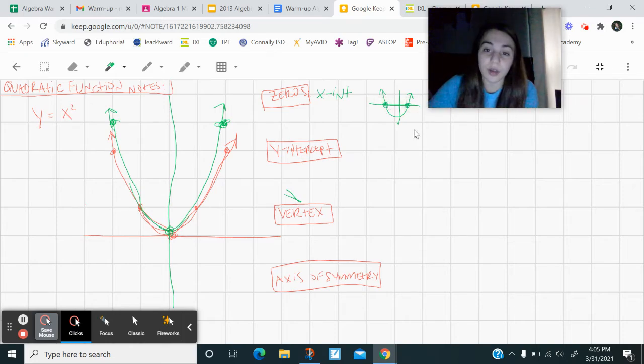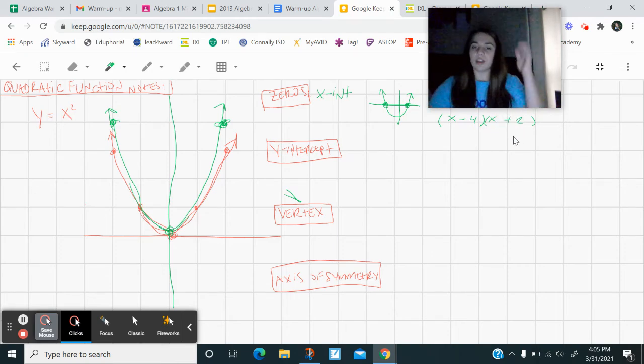We would have 2 zeros. Zeros are found by those factors that we were finding not too long ago, where we would have binomials with stuff inside of them like x minus 4, x plus 2. Those are used to find the zeros. We have already done this, but as a refresher, we'll work on that.